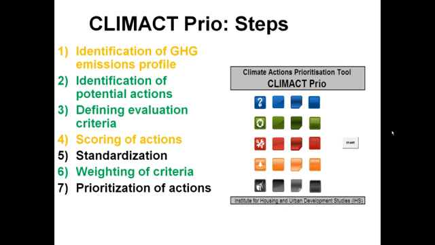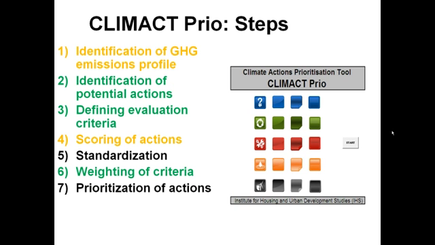And based on the weighting step and the scoring of the actions, so those are the main two input variables, so to say, we can determine the final prioritization of actions, ranking the final actions from best to least.